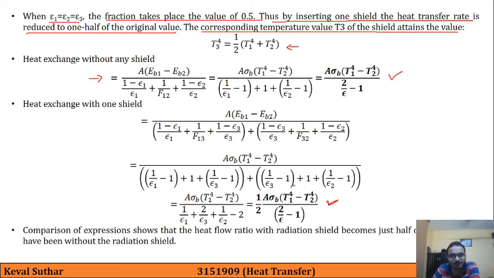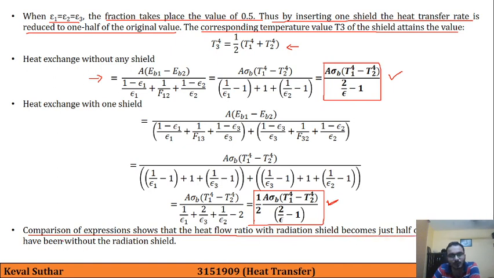So if you see the comparison of the two equations, this equation and this equation, then comparing the expressions shows that the heat flow ratio with shield becomes just half of what it would have been without the radiation shield.